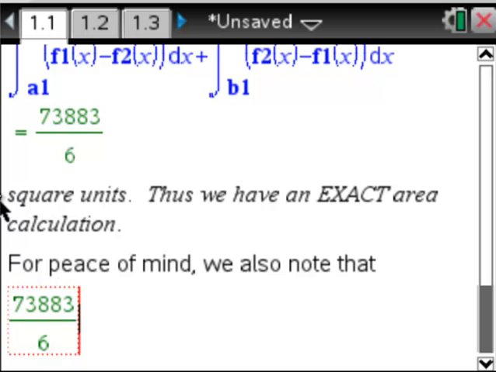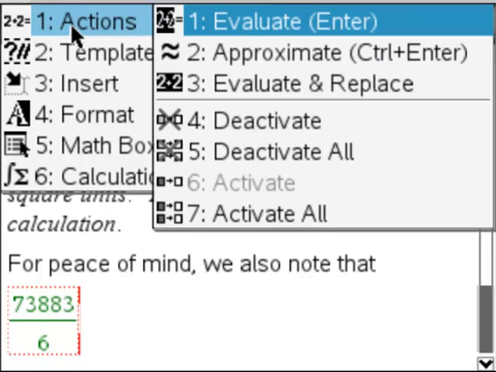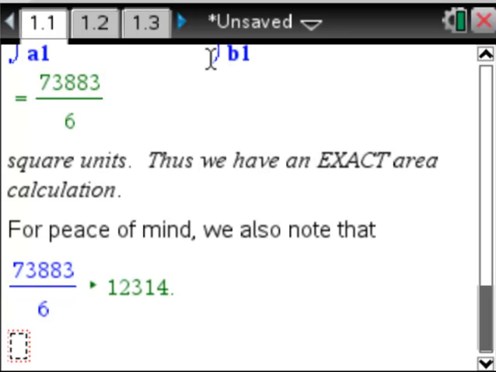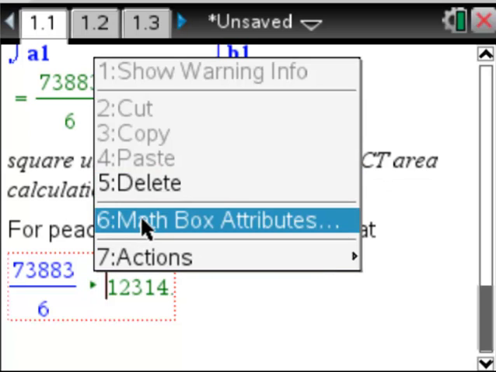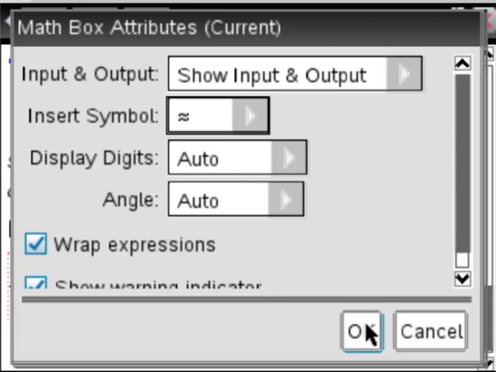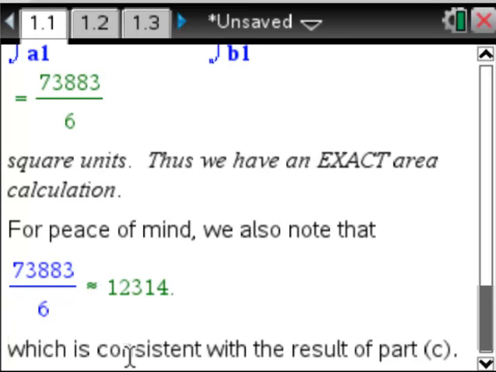And now I'm going to go to the menu, and as an action, I'm going to have it approximated. Okay, very good. And that is the same as part C. By the way, let me change that arrow so that it is an about equals to sign. Okay, good solid solution. Really convincing.